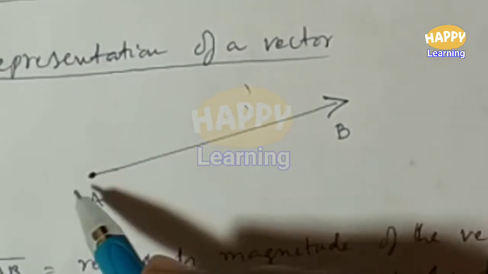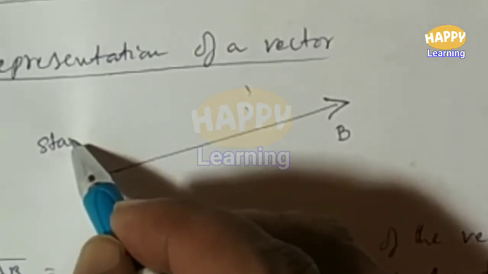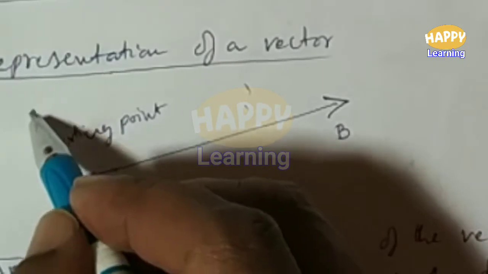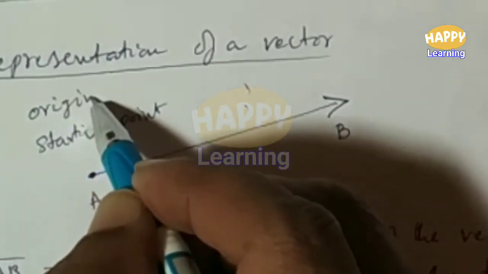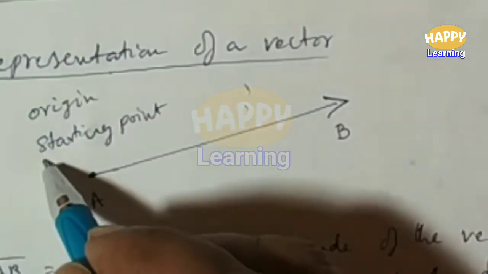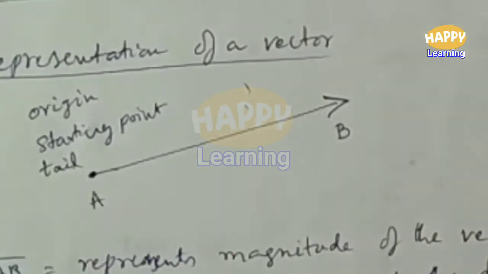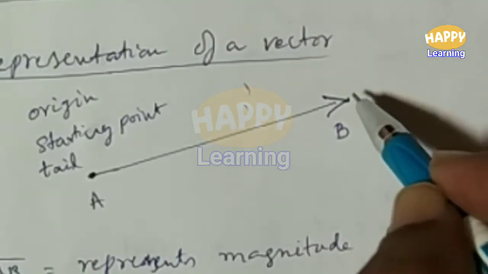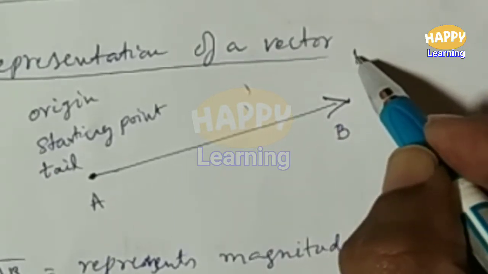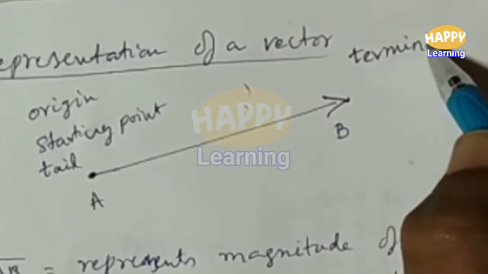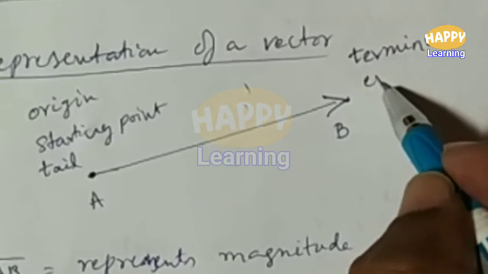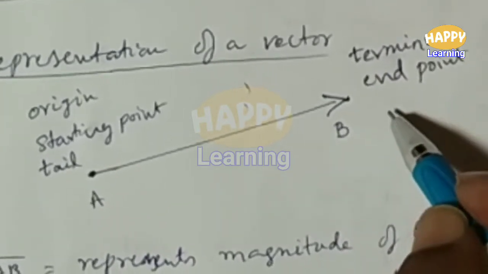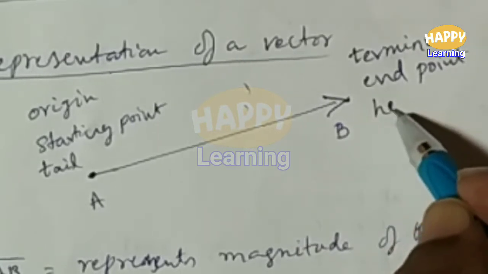It has 2 points A and B. This A is called a starting point. It is also called the origin. It is also called the tail. Three names: origin, starting point, tail. On the other hand, the point B is called terminus, end point, and it is also called the head.